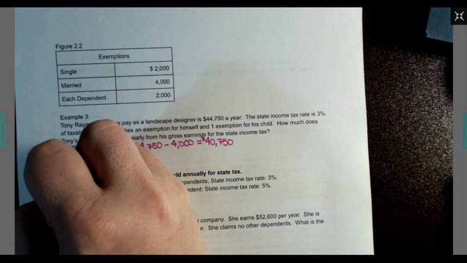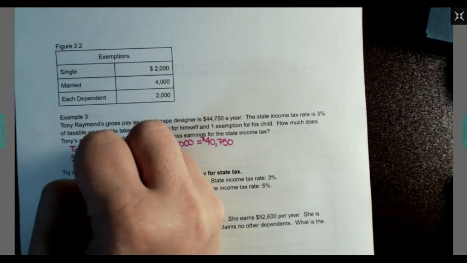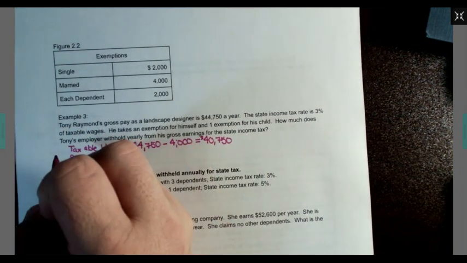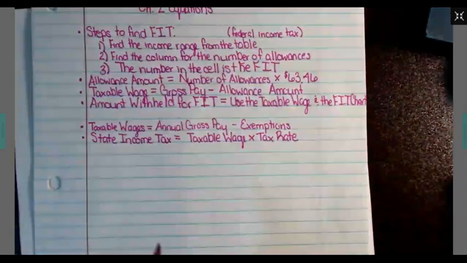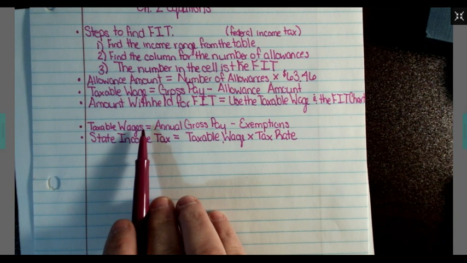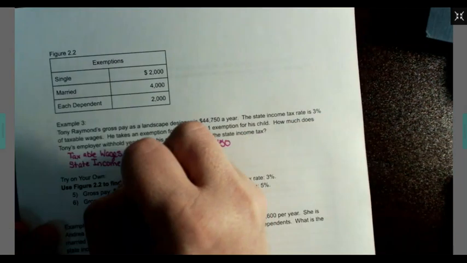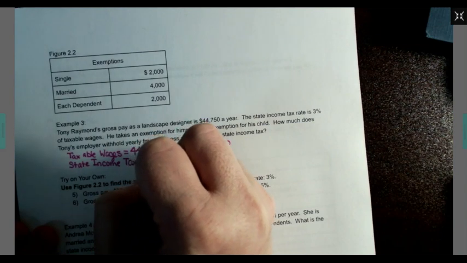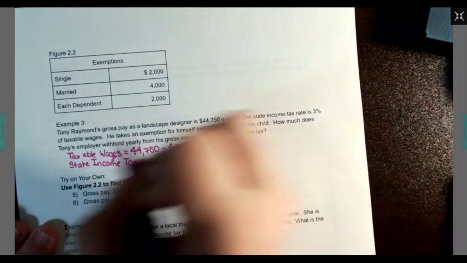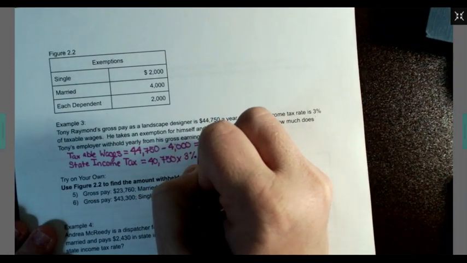Now we're going to find our state income tax. Our state income tax says take your taxable wage, so take this answer we just found, and multiply it by the tax rate. So we're going to take 40,750 times the 3% tax rate.